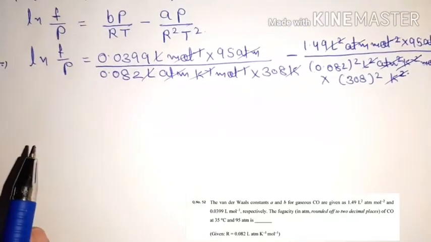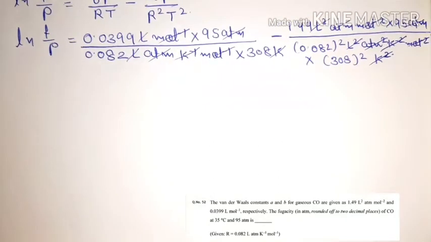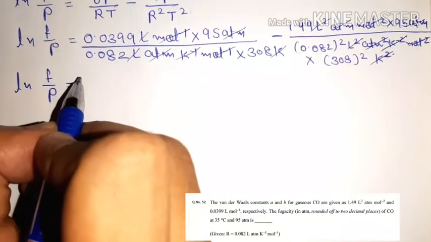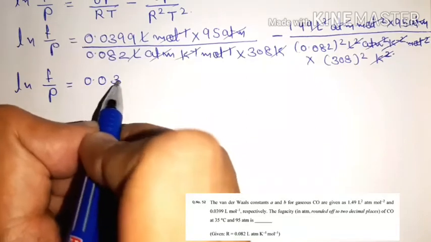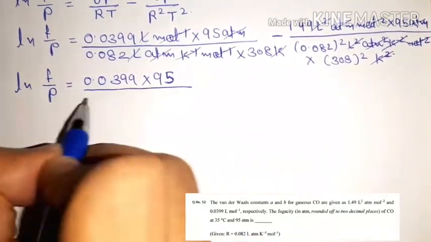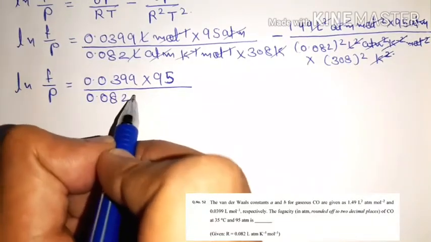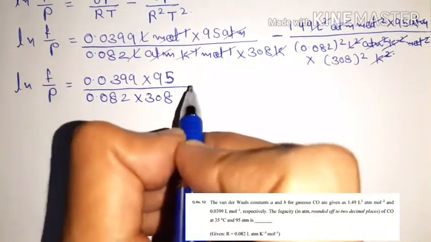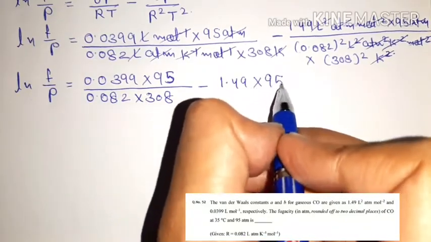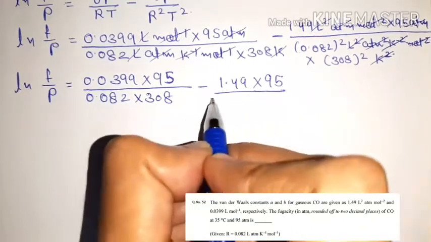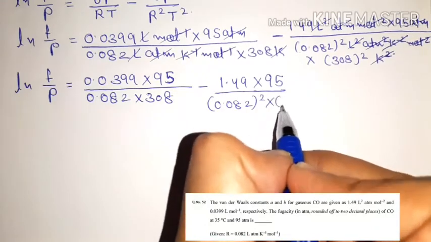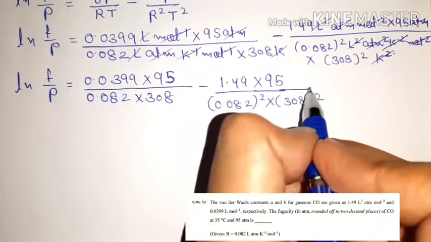So ultimately we have ln(F/P) equals 0.0399 into 95 upon 0.082 into 308, minus 1.49 into 95 upon 0.082 whole square into 308 whole square.